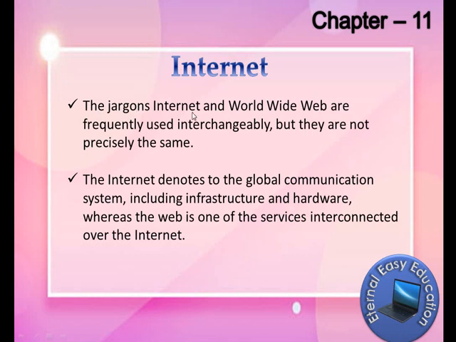The jargons, that means the terms. Internet and World Wide Web (WWW) are frequently used interchangeably, but they are not the same because they are interlinked, but there is a difference between the Internet and the WWW. What's the difference?